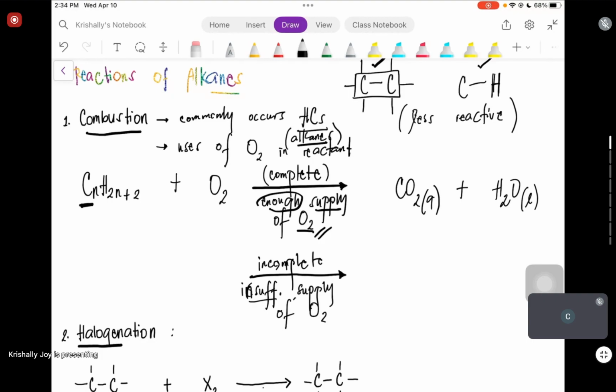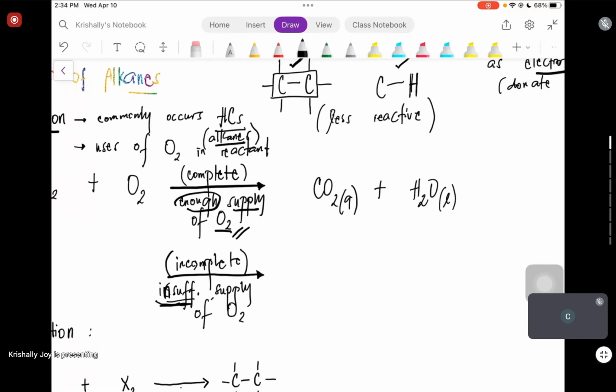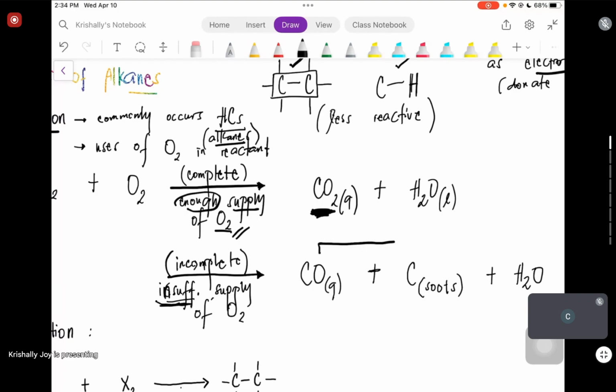So kapag nilagay dyan sa reaction na insufficient yung supply ng oxygen, then it's an incomplete type of combustion. And the products of incomplete combustion, instead of carbon dioxide, it forms carbon monoxide, a fatal gas, and it forms carbon soot, or carbon compounds. And there is also a byproduct, water.